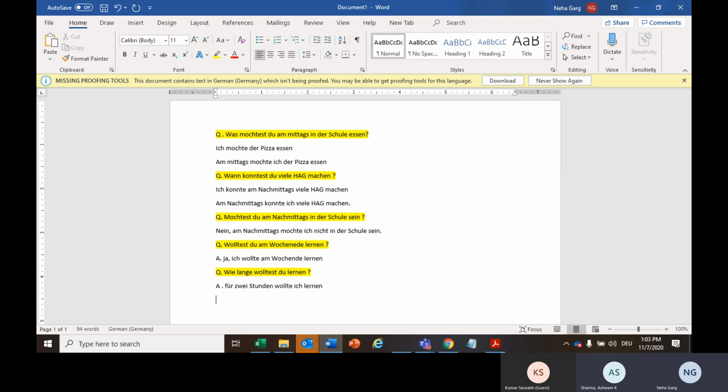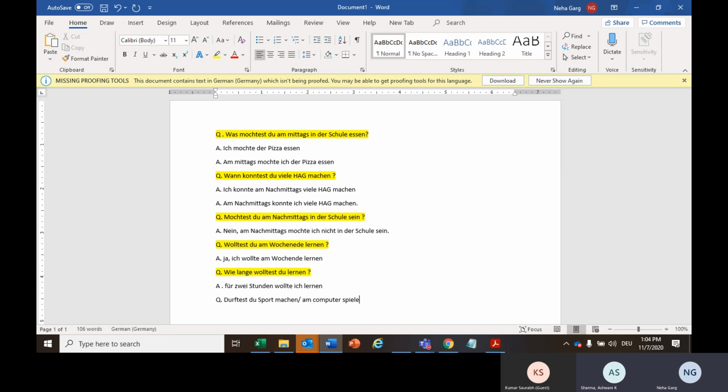Ashwini, your turn. Yeah. So, durftest du Sport machen? Durftest du Sport machen oder maybe am Computer spielen.